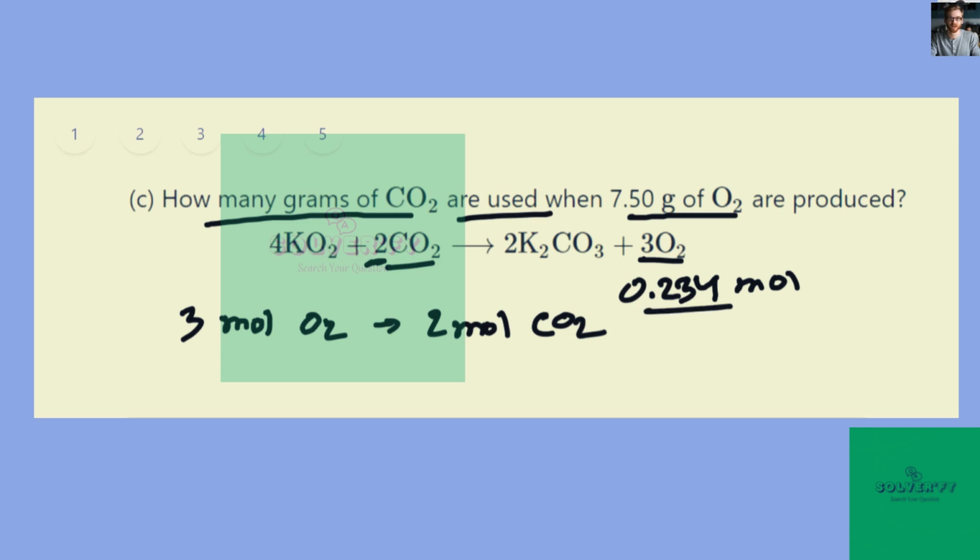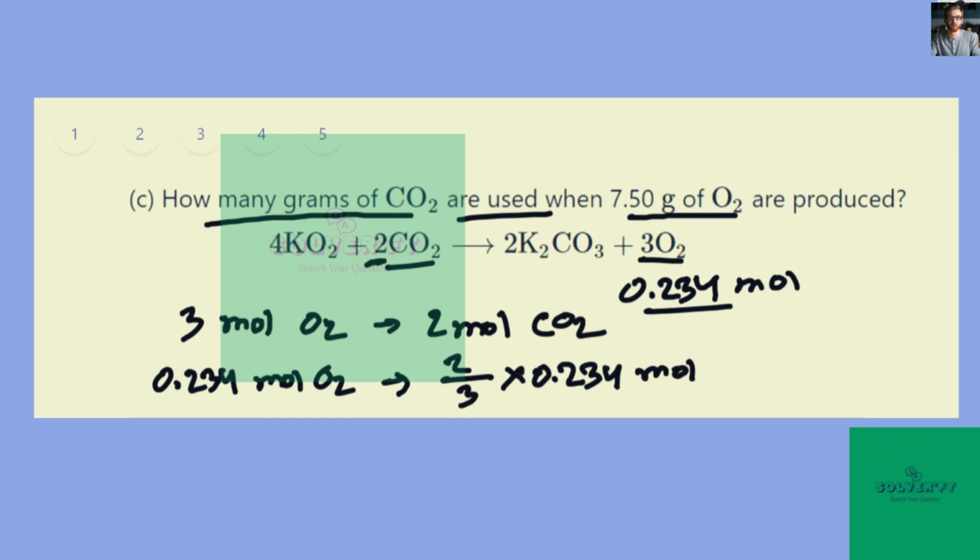That means 0.234 mole O2 will be produced from 2 over 3 times 0.234 mole, which is equal to 0.156 mole CO2. So this is the number of mole of CO2 which is required to produce 0.234 mole O2 or 7.5 gram O2.